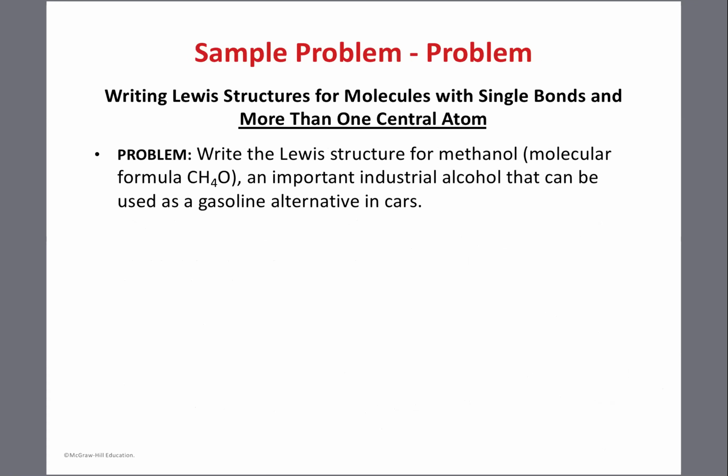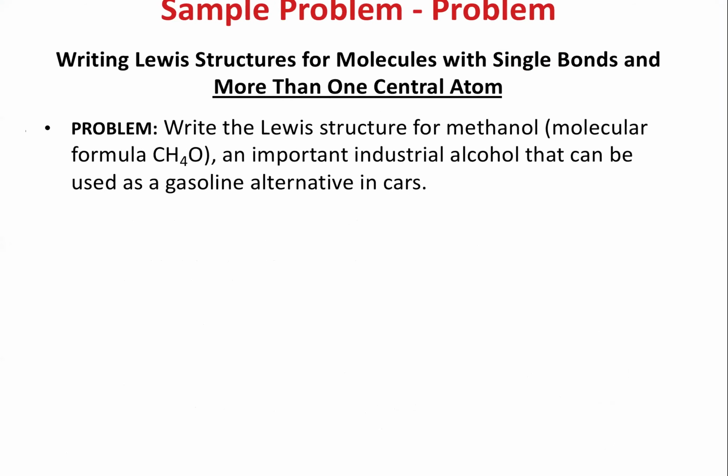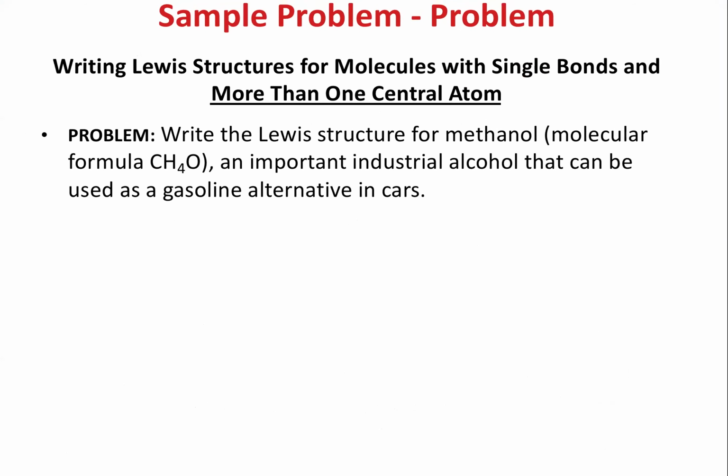All right, so what about then some more complicated examples, we'll say, trickier ones. There's a series of different tricks that we'll get into eventually here, okay? And this is one of them. Some molecules will have more than one central atom, more than one atom in the center.